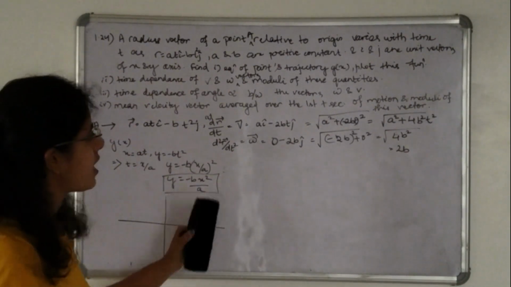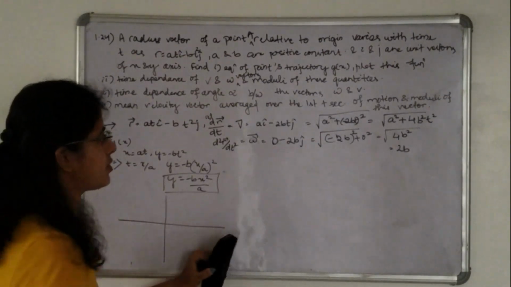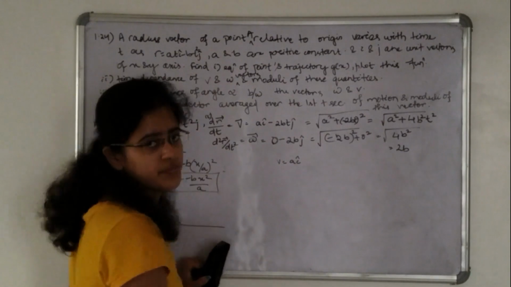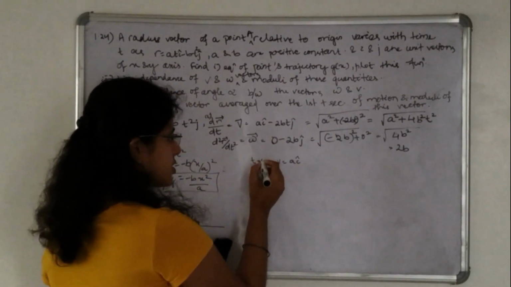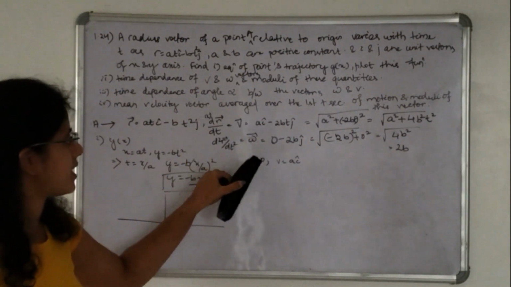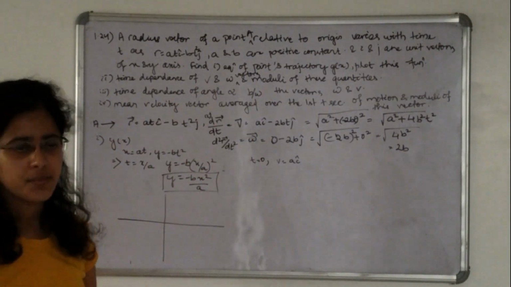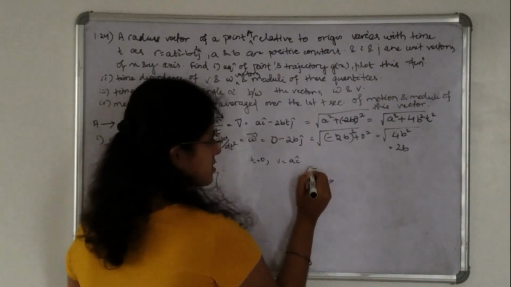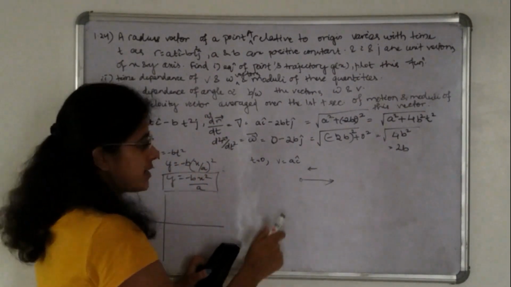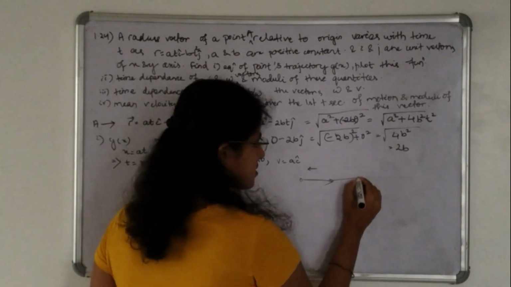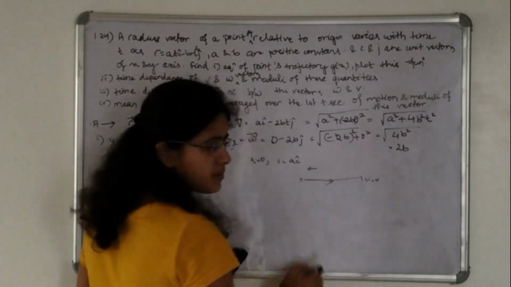How can we know? At the initial time t is equal to 0, the velocity is a i cap, which means at time t equal to 0 there is some velocity. And from here we see that this is a deceleration. So if the point started moving in this direction, the acceleration will be in this direction, and it moves with some velocity. Gradually, after moving some distance, its velocity will be 0.